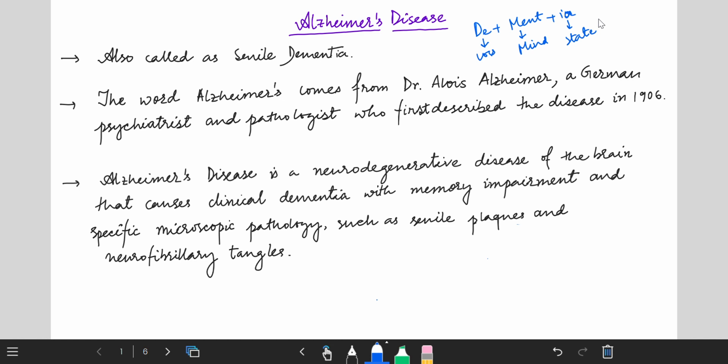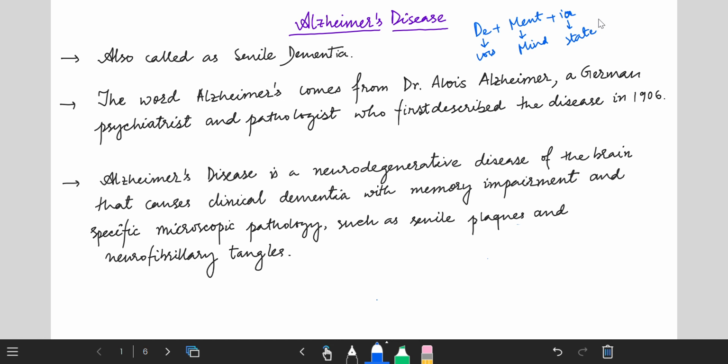So if hyperphosphorylation and oxidation of the tau protein occurs, what will happen? I have told that tau is a microtubule associated protein. It means this protein binds with microtubules and provides rigidity to the axons. So if there is a hyperphosphorylated, oxidized condition, tau protein will lose its ability to bind with the microtubules.